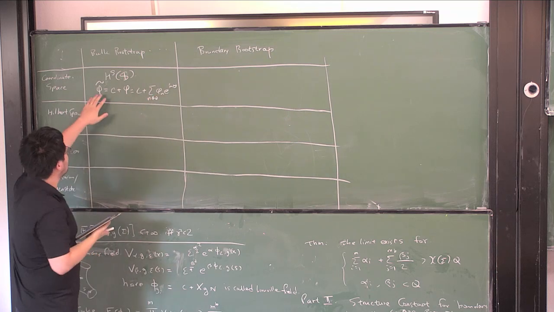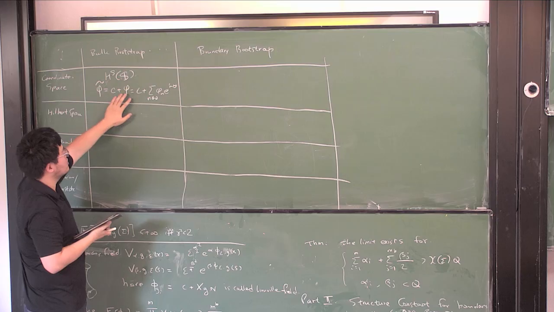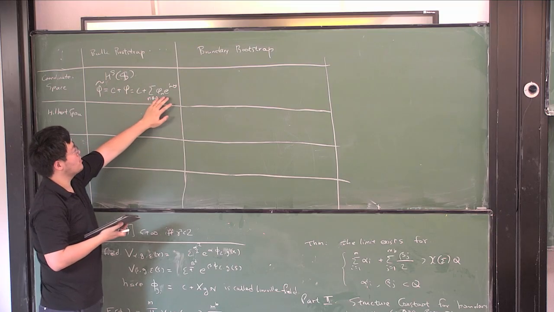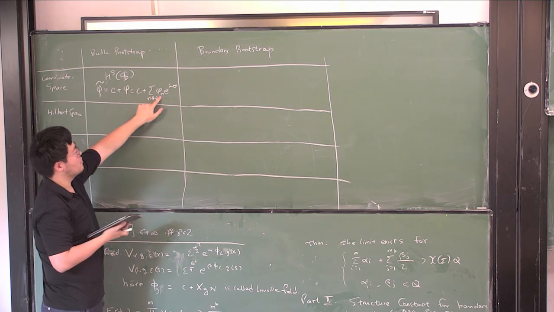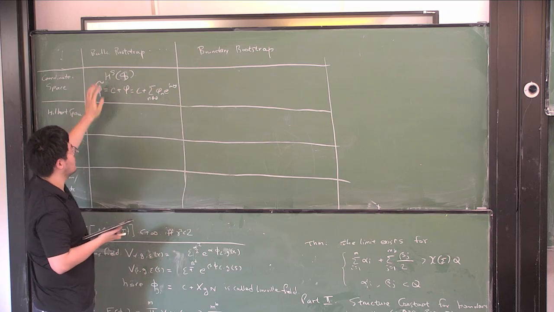For any field phi on the unit circle, you can expand. You have to do some Fourier transformation. You collect all these coefficients phi and view this as some coordinate space.